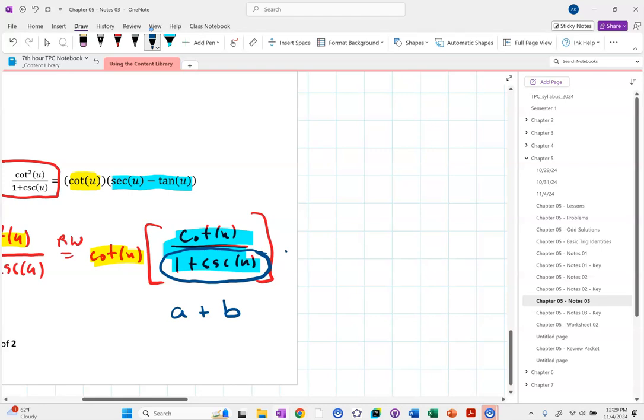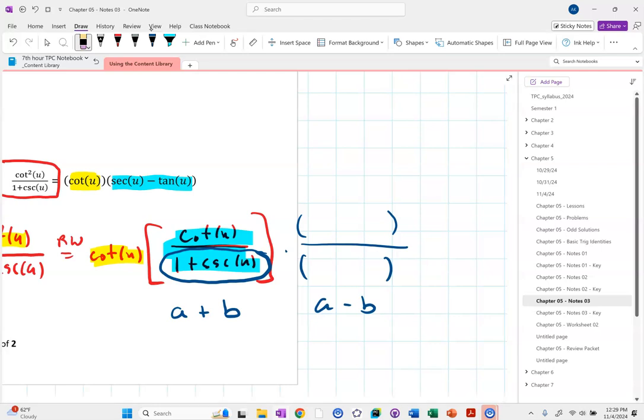Yeah, I'm going to multiply by the a minus b, right? To the top and bottom. Now I'm going to be a little bit careful here, though. If I look at my identity sheet, I want to find the thing with cosecant squared and 1 in it. Which identity is that?